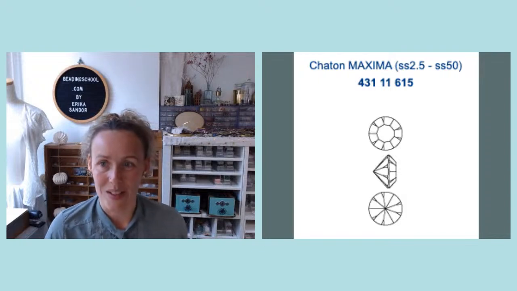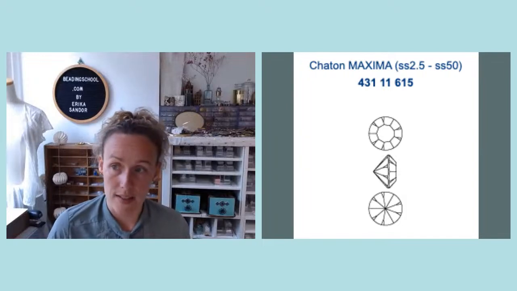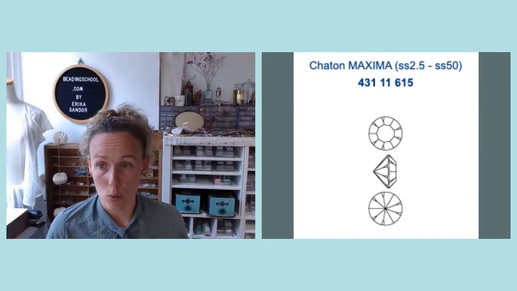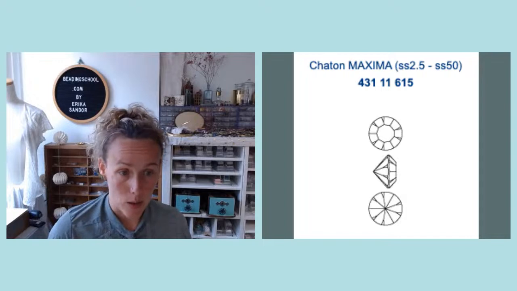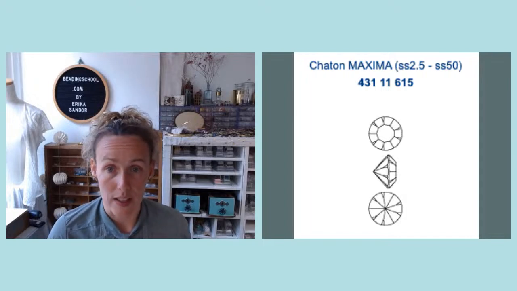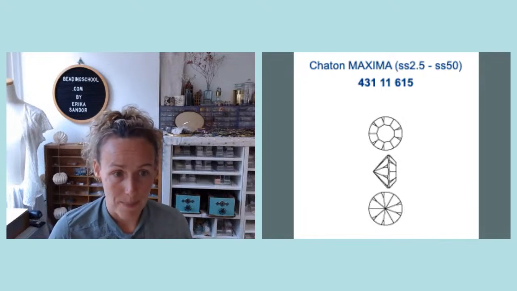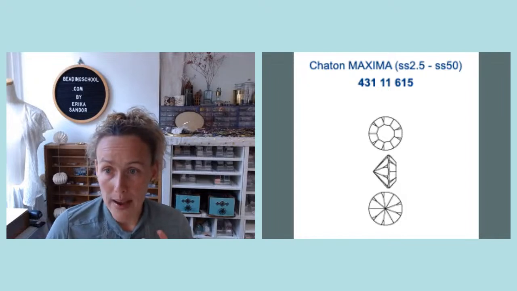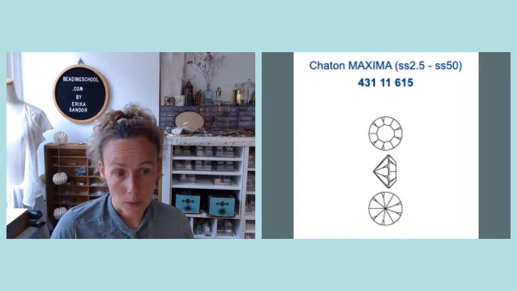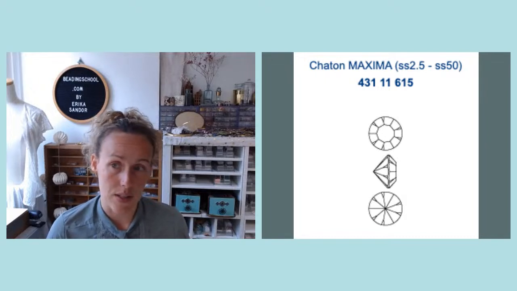Chatons are usually sparklier than rivolis and can be bezeled with seed beads and shaped beads too. While, in my opinion, rivolis are more suitable to start with when a beader is just learning peyote. With the back being pointier, chatons can be less comfortable to wear directly on your skin if you are sensitive.